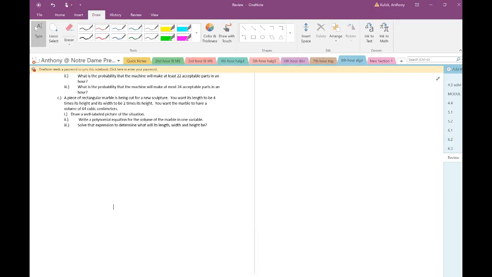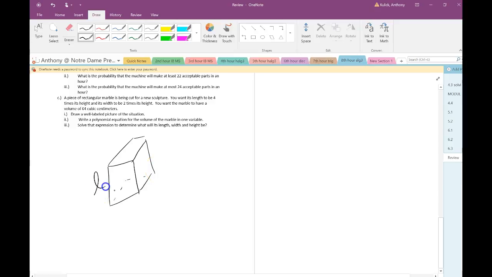And finally, our last question. A piece of rectangular marble is cut for a new sculpture. You want its length to be 4 times its height and its width to be 2 times its height. You want to have that marble to have a volume of 64 cubic centimeters. So we'll start by sketching a picture. I'm showing off my art skills here for you guys.